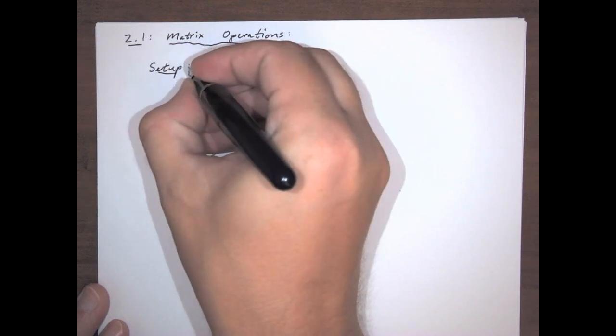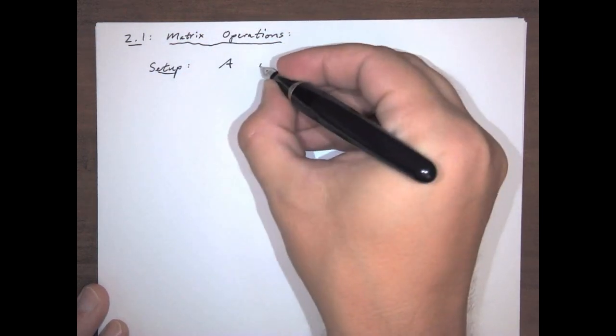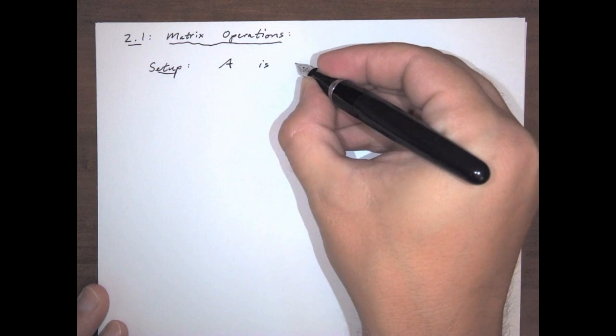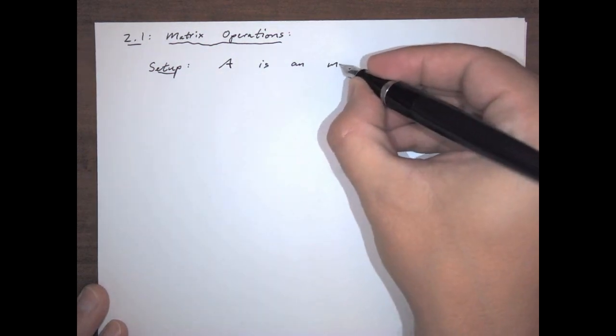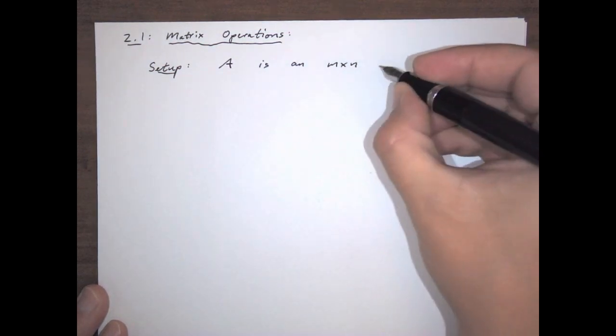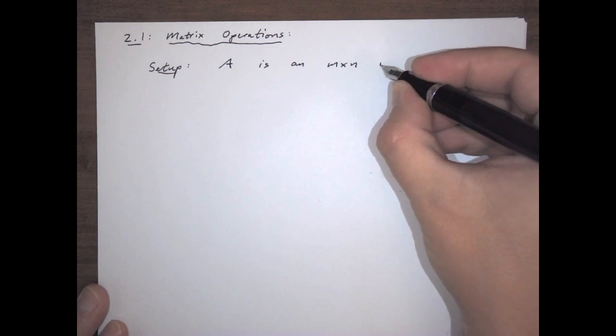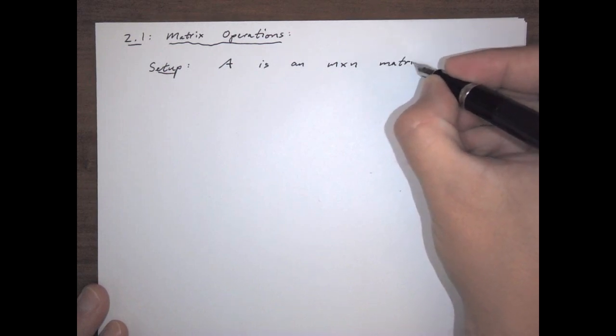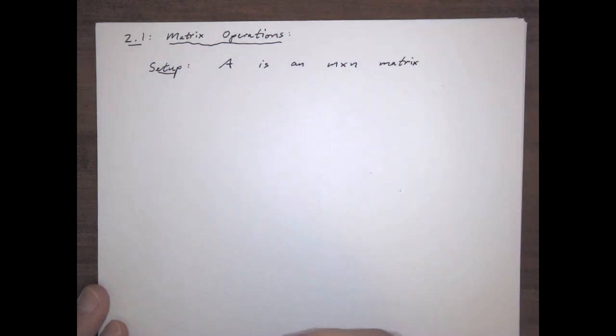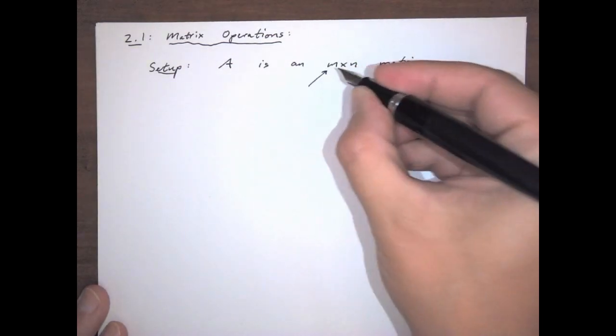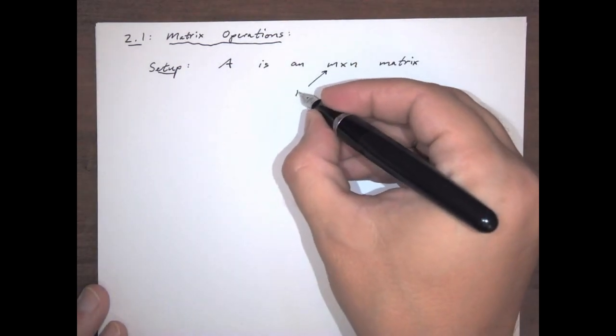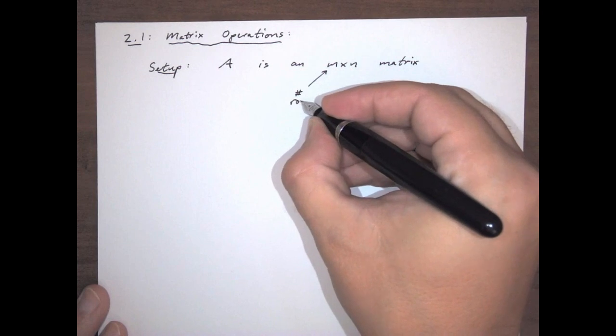So our setup, say A is an M by N matrix. And just to remind you, the M here refers to the number of rows.